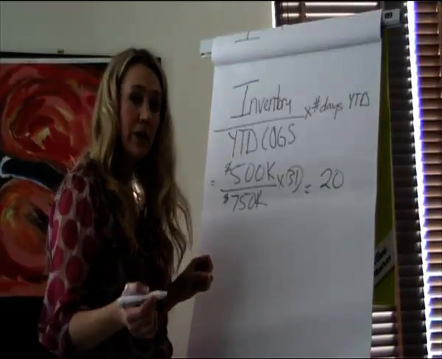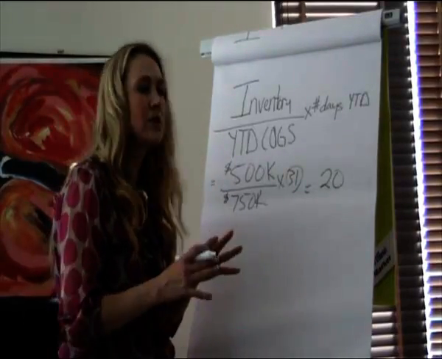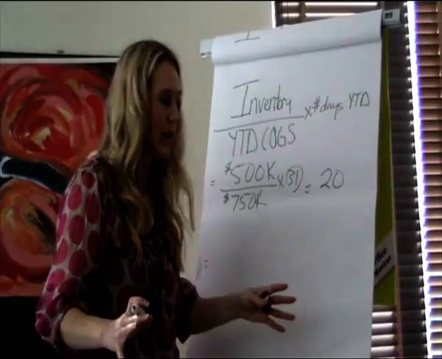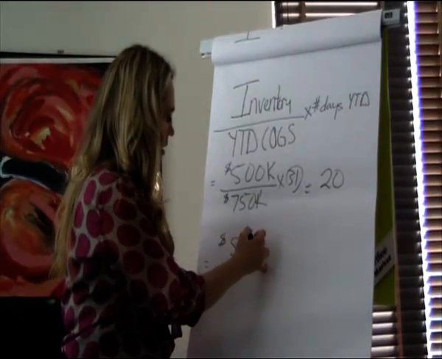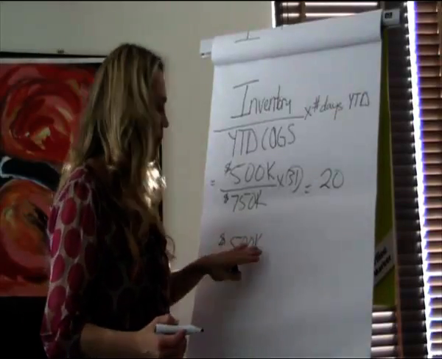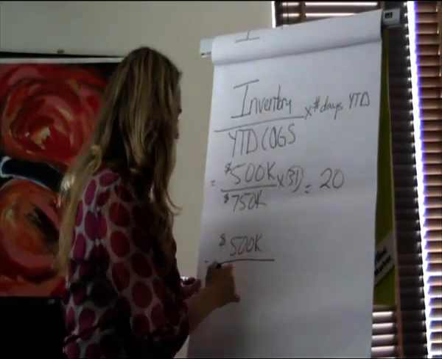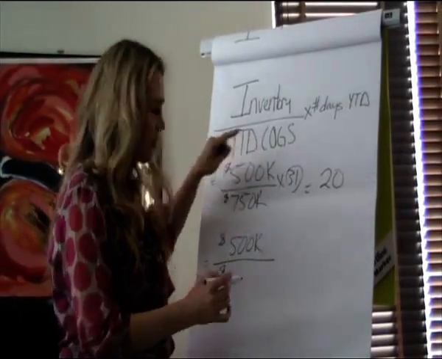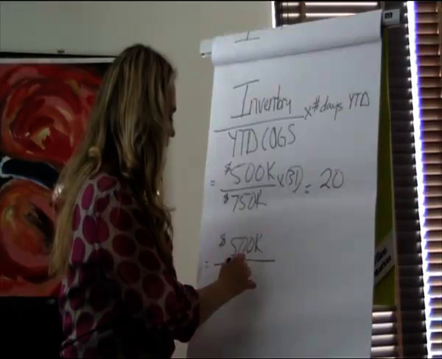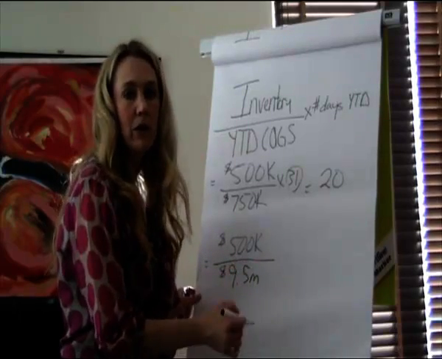Great. Let's take another example we're going to look at side by side. Let's assume that we're talking about the whole taxation year. How does that work? Well, let's again assume that we've got an inventory balance, of course that comes from your balance sheet, of $500,000. And you're going to divide that by the total year-to-date cost of goods sold from your profit and loss. And that could be as high as, let's just estimate, $9.5 million in this case.